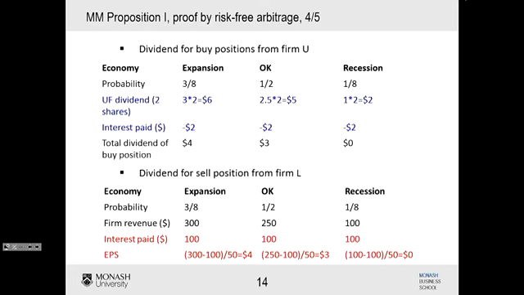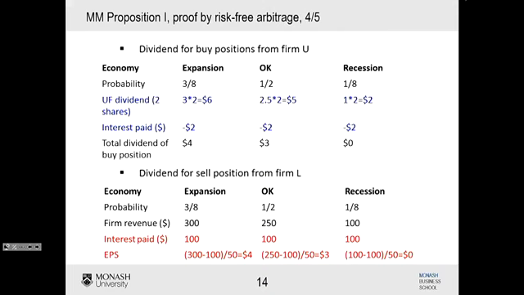So that's a very classic way in the academic world how we prove things, okay? Now we take the assumption that all the revenue generated by the firm, after paying the interest to the bondholder, is paid out as a dividend. So we have to calculate the dividend of these buy positions from the unlevered firm, U. It's the same probability here.